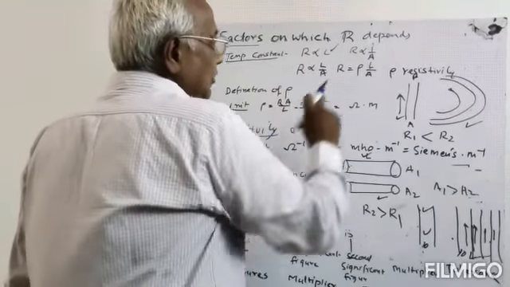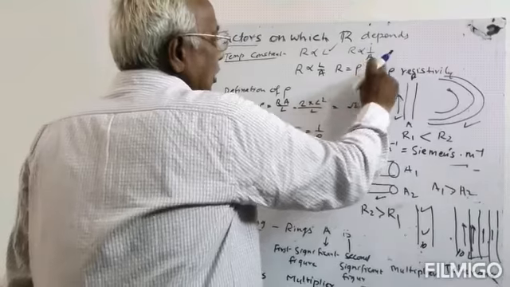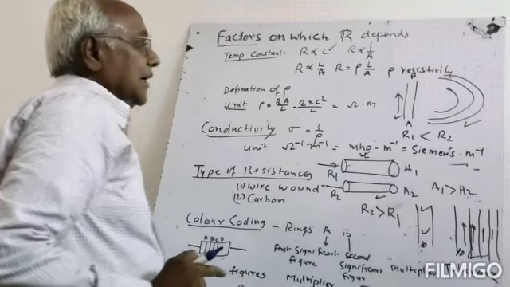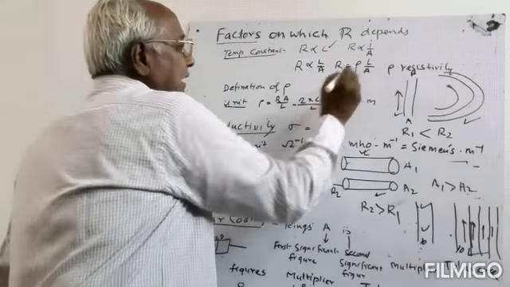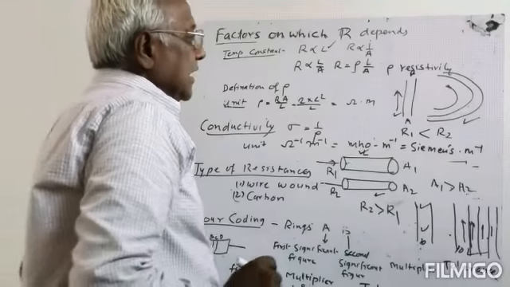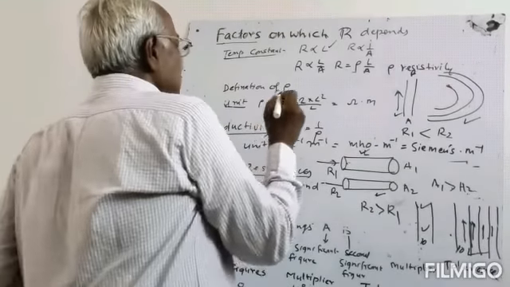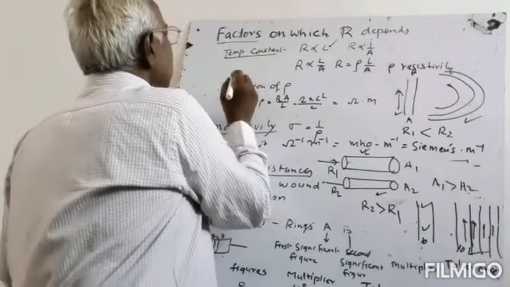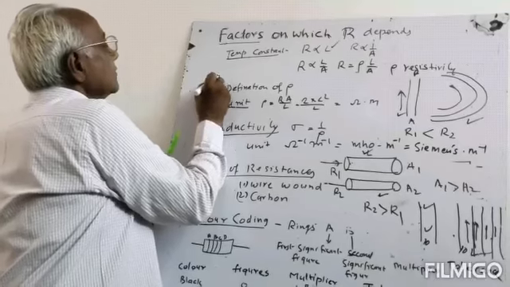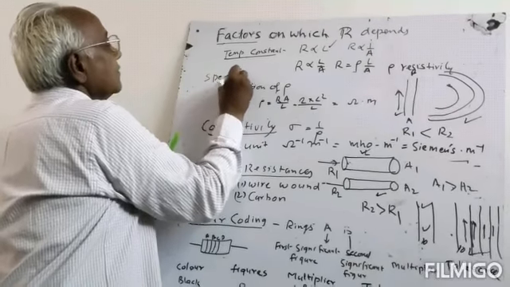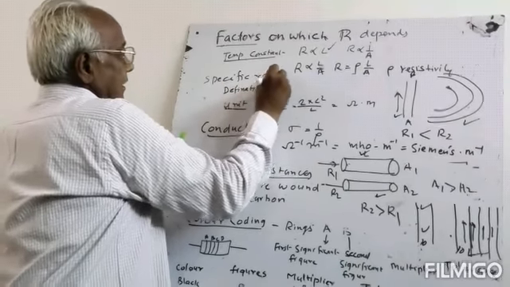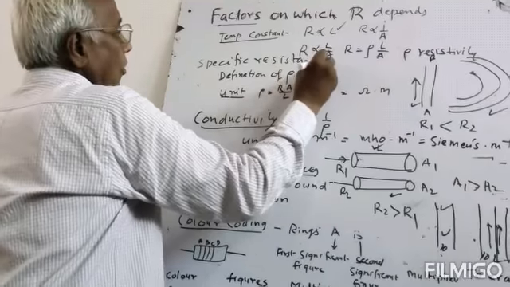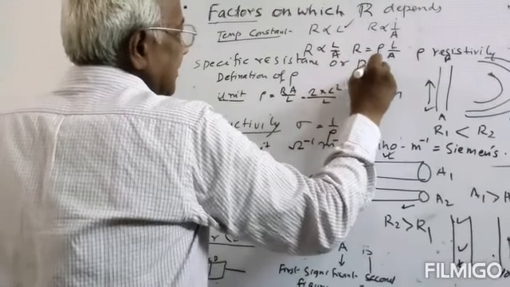So with proportionality constant rho, R is equal to rho L by A. Rho is the proportionality constant, and it is known as specific resistance or resistivity.